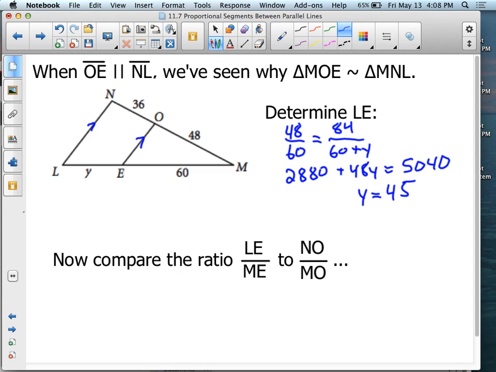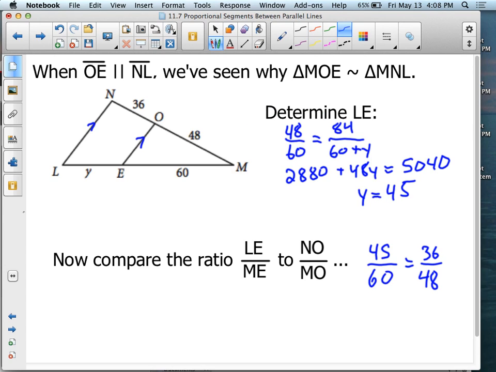Now, let's compare this ratio. LE, we said, was 45. ME is 60. 45 over 60. And we want to compare that to NO to MO, which is 36 over 48. Maybe you want to cross multiply those, or maybe you want to reduce them.